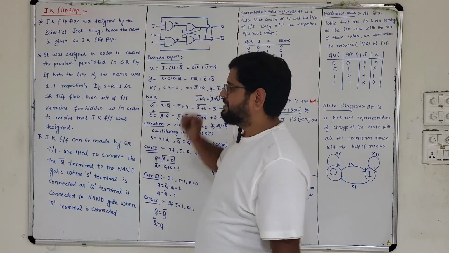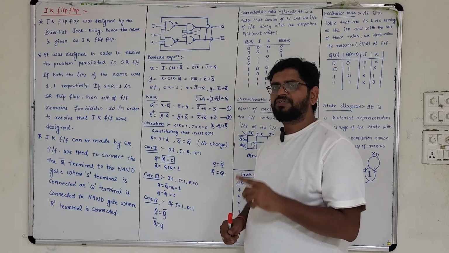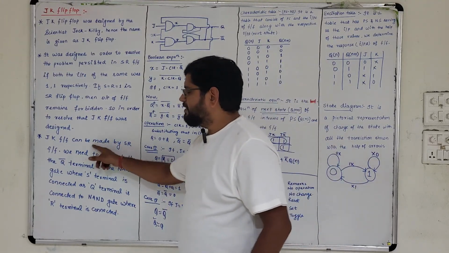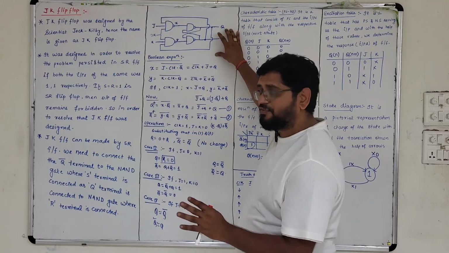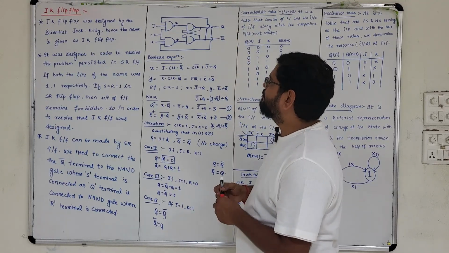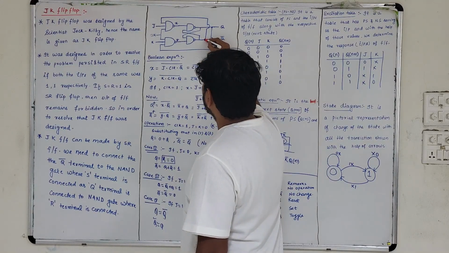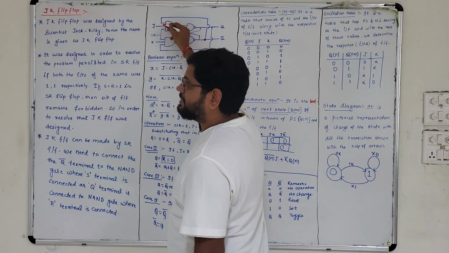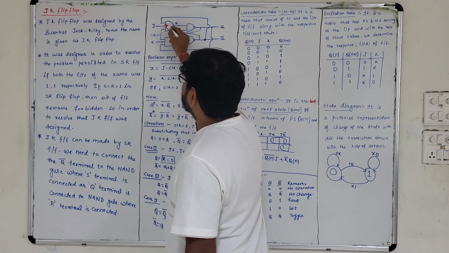Now coming to the design, I have already told you that all the flip-flops are designed with the help of SR flip-flop. Now how is it designed? A JK flip-flop can be designed with the help of SR flip-flop. Firstly, you need to draw an SR flip-flop. The only change you have to make is to connect the Q bar terminal to the input of the NAND gate where S has been connected.